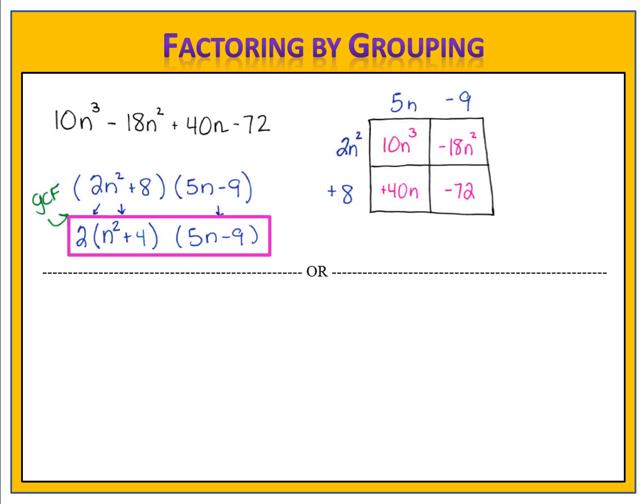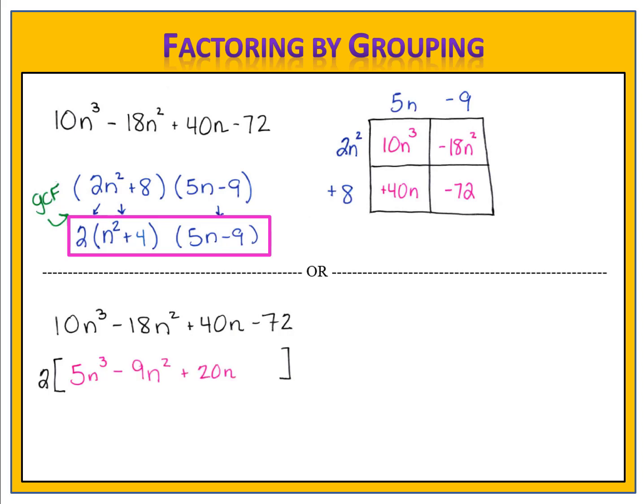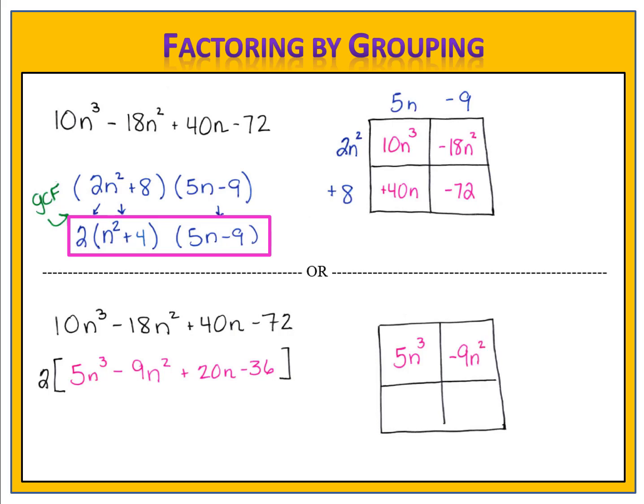But there is another choice. We could choose to factor out the common factor in the beginning, dividing each of these terms by 2. So we have 5n to the third minus 9n squared plus 20n minus 36, all of that times 2. And then we could take that pink polynomial and follow the process for factoring by grouping using the grid.